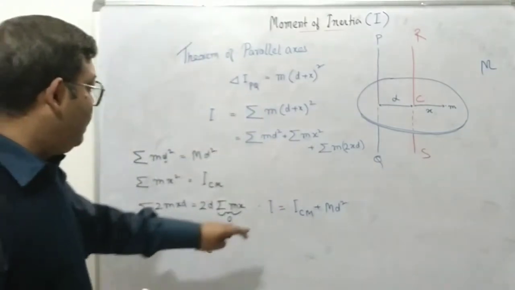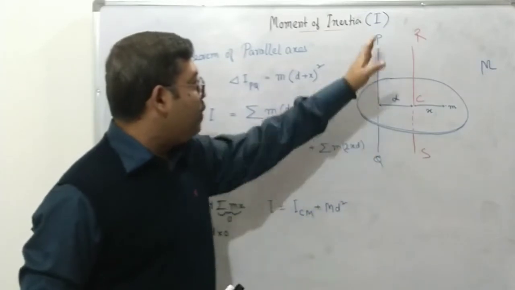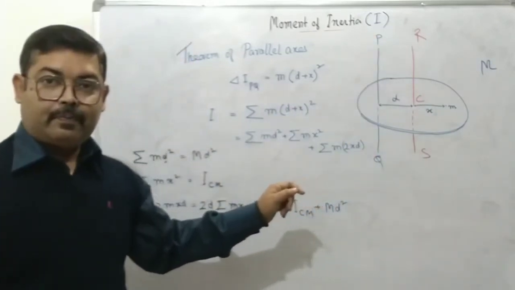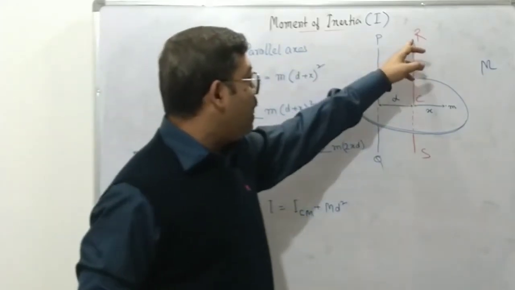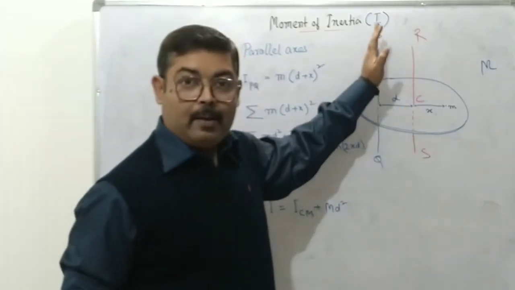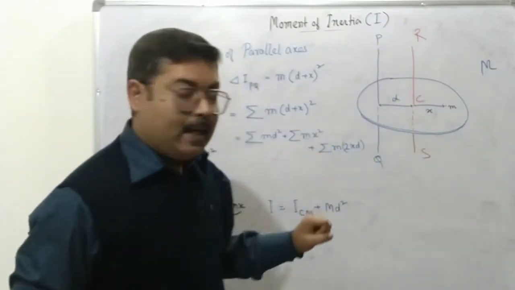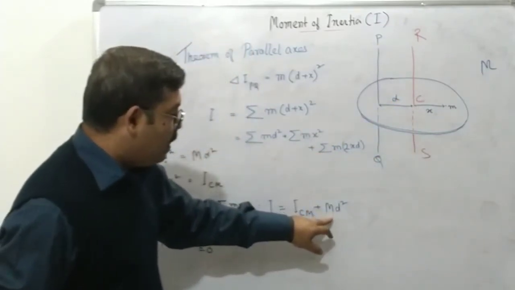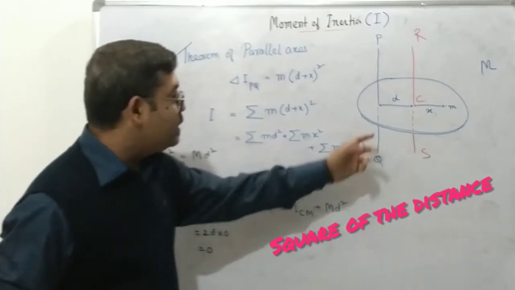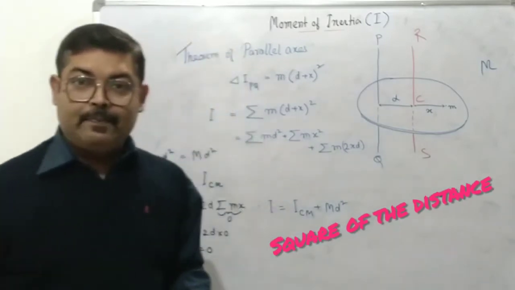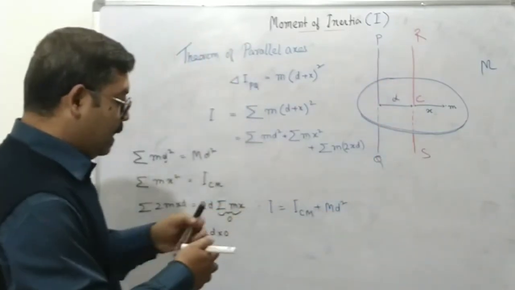In words, the moment of inertia of a rigid body about a given axis is equal to the sum of the moment of inertia of the body about an axis parallel to the given axis and passing through the center of mass, and the product of the entire mass of the body and the square of the distance between the two parallel axes. Since we are considering parallel axis here, that's why this is known as the theorem of parallel axis.